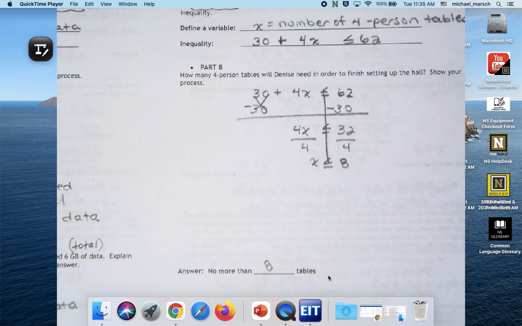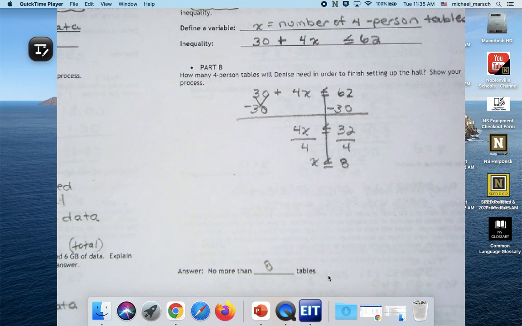All right, so no more than 8 tables will be needed. How many total tables would she need if she does have 62 people? Stop guessing. How many 6-person tables does she have? 5.